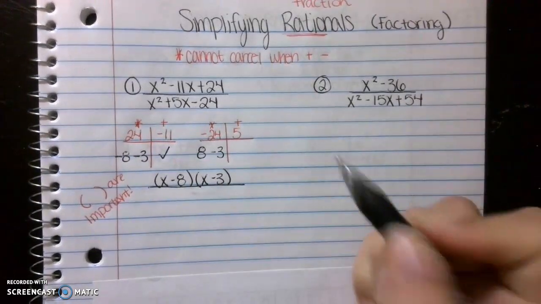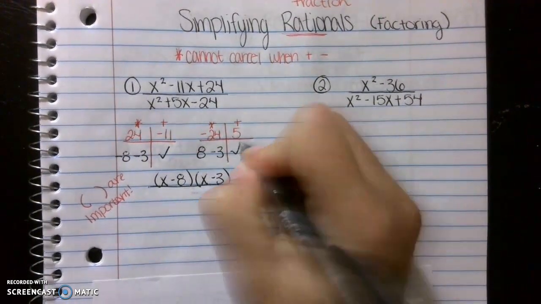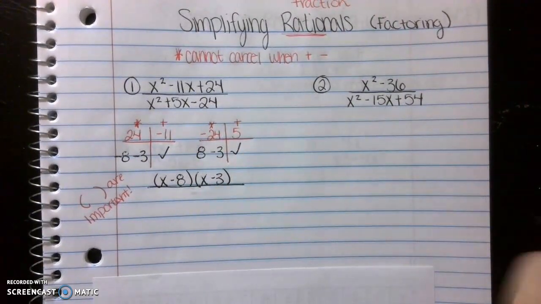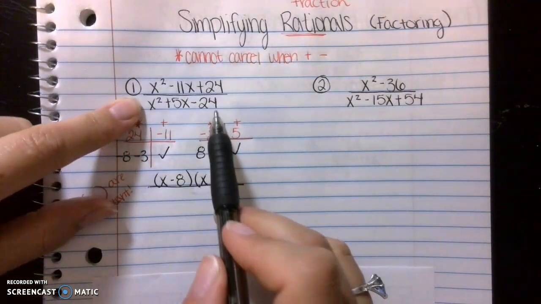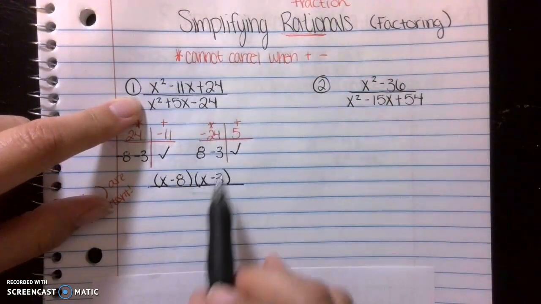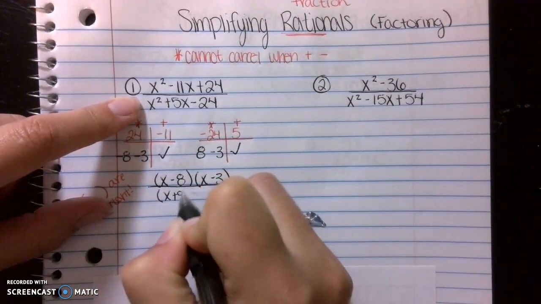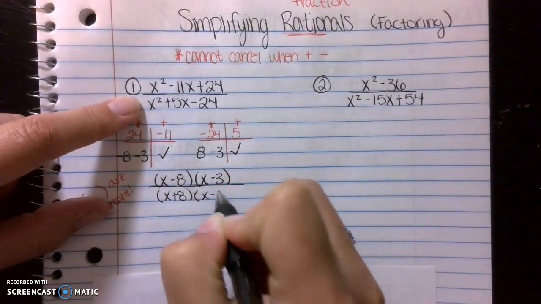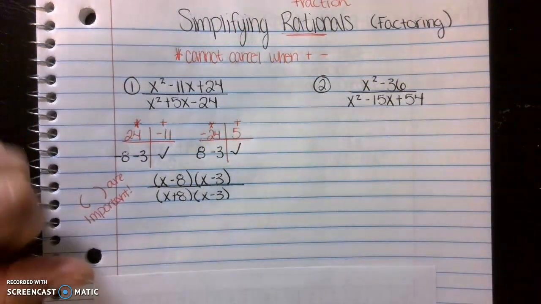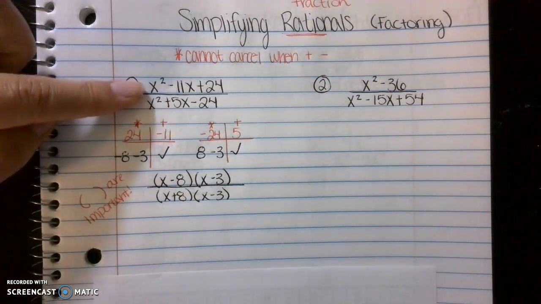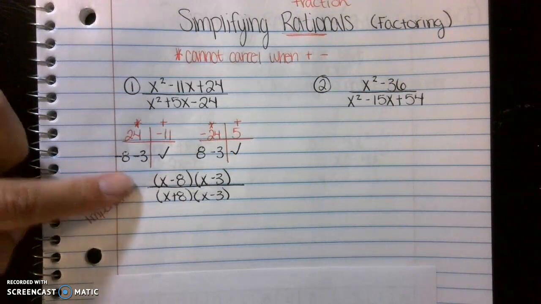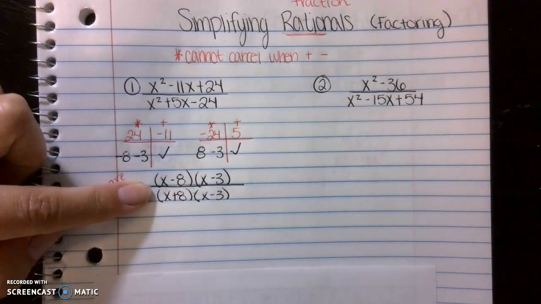That will multiply to get me negative 24, and this adds to get me 5. So the bottom quadratic, I'm going to replace with my factors, x plus 8 and x minus 3. All I did was factor these separately and rewrite them as their factors, exactly like what we did last week.